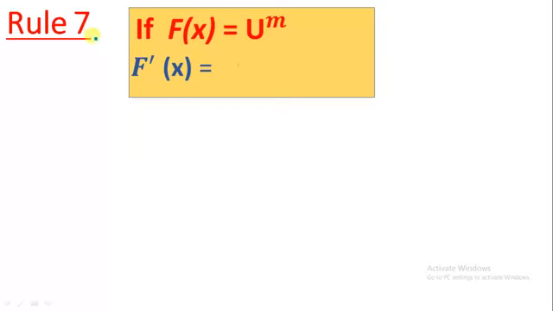Now we will start rule 7. It is a new rule, but it is easy. If I have f of x equals u to the power m, what do I mean by this? I mean that if I have a function that contains x raised to a power, this power m may be 2, may be 3, may be minus 2, minus 3, etc. So I want to find its derivative.